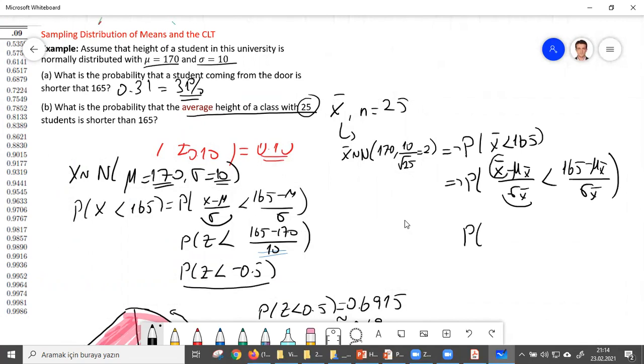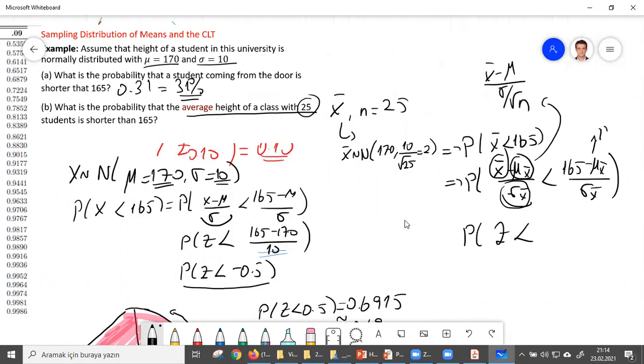Because this is a normal random variable. You subtract its mean and divide by its standard deviation. X bar minus mu of x bar is mu, and sigma of x bar is sigma divided by root n. And this is z smaller than 165 minus mu of x bar.